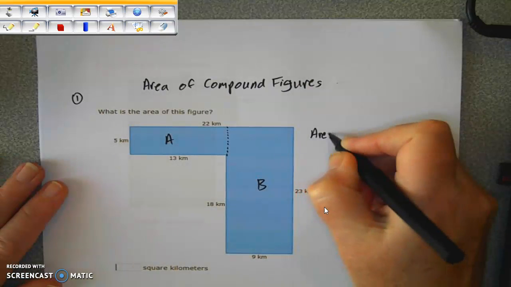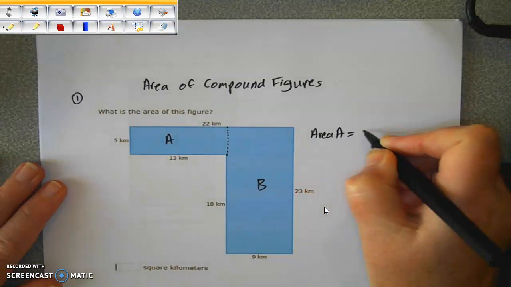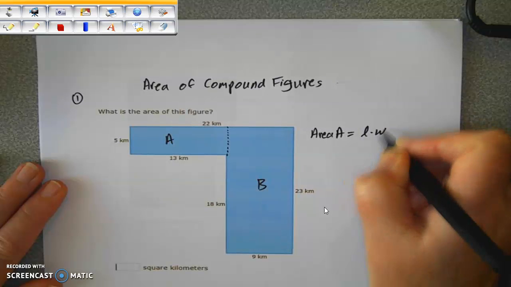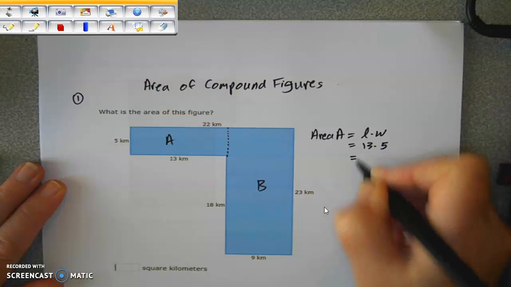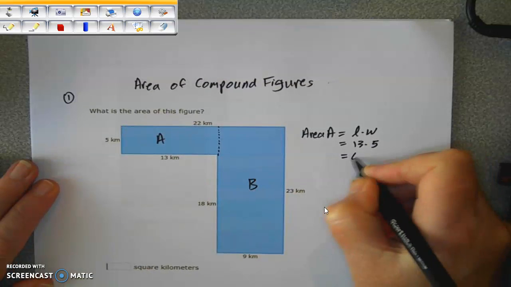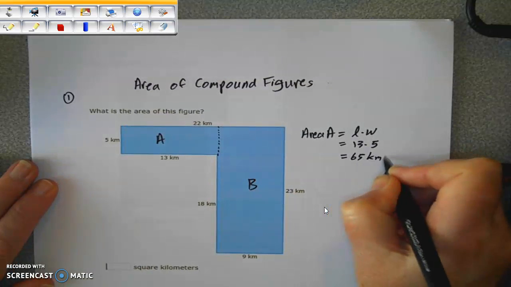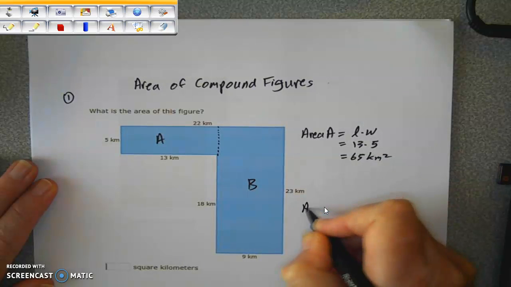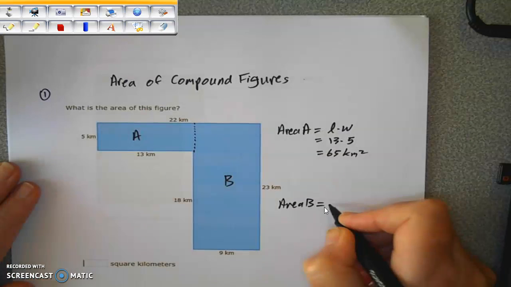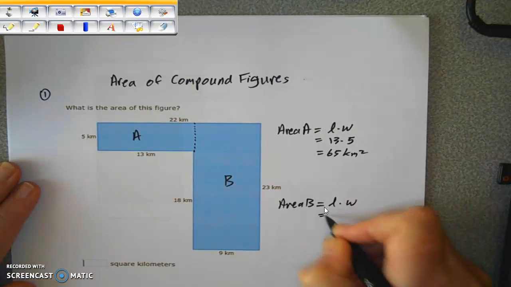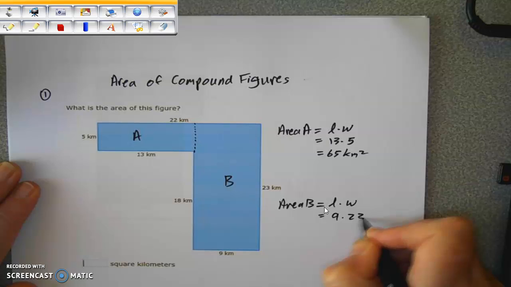So the area of A is length times width, which is 13 times 5, and that is 65 kilometers squared. The area of B is going to be length times width, which is 9 times 23.